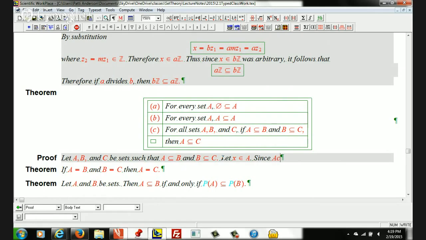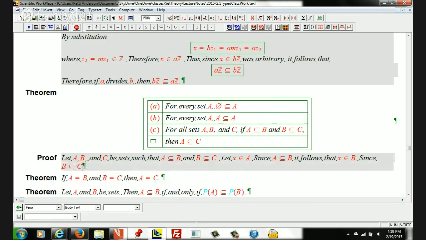Since A is a subset of B, I know that X has to be in B. Since B is a subset of C, I know that X has to be in C. Thus, since X in A was arbitrary, I know that A is a subset of C. Does that make sense?